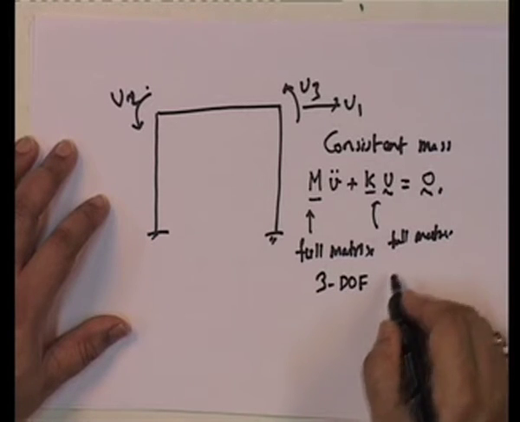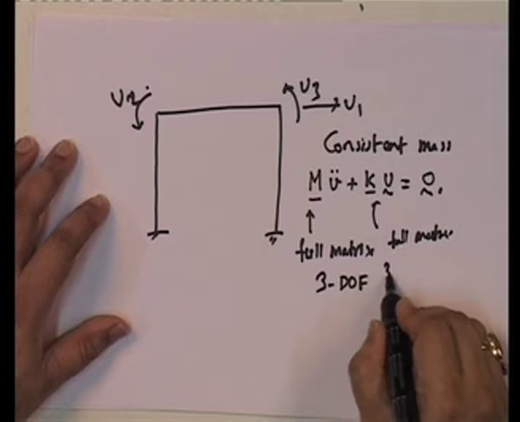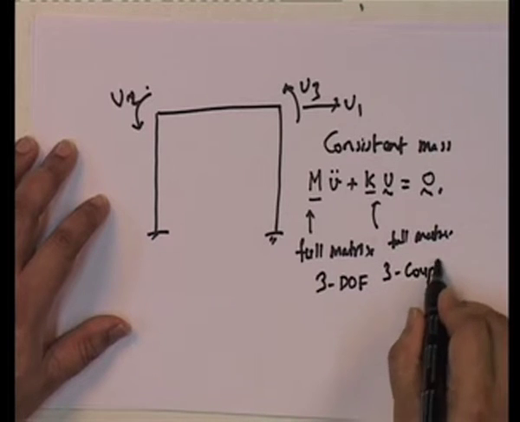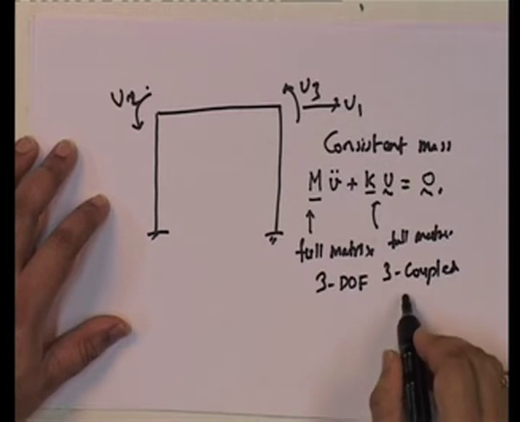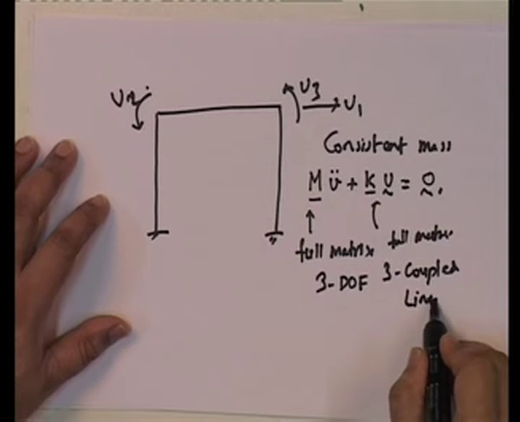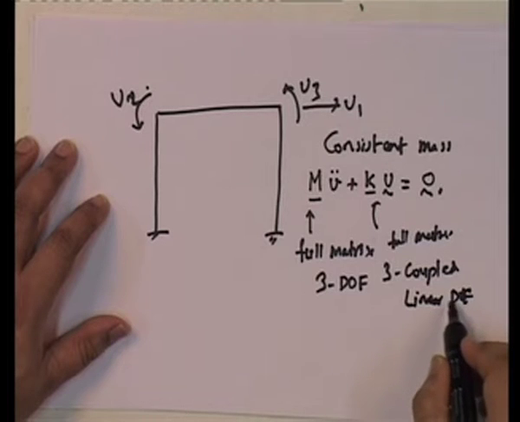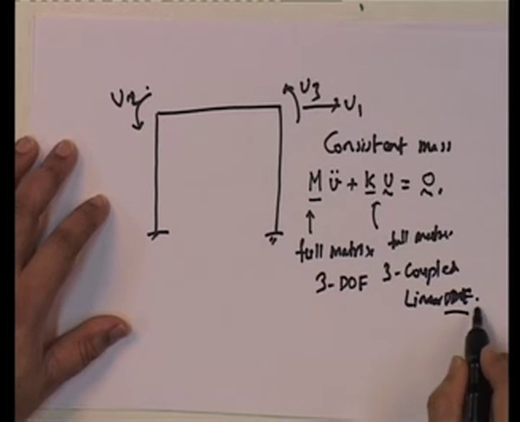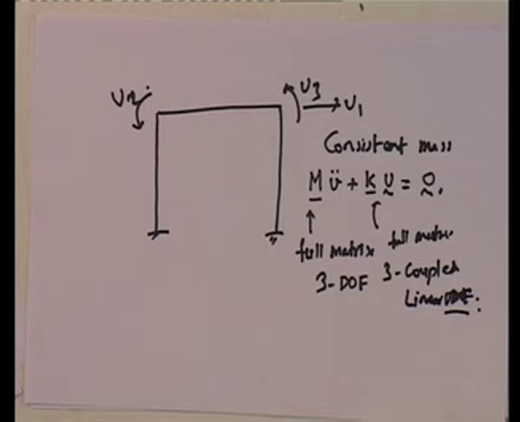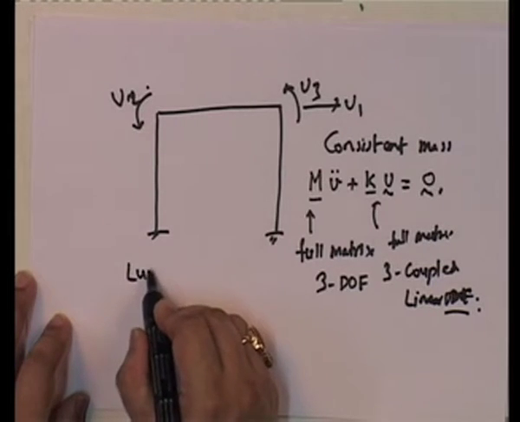So, 3 coupled linear ordinary differential equations. This is what you have to solve, 3 coupled linear ODEs. If you use the lumped mass, what happens?